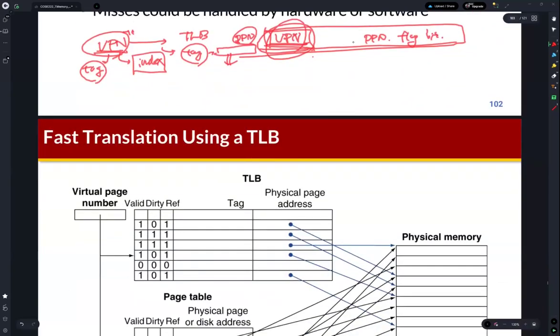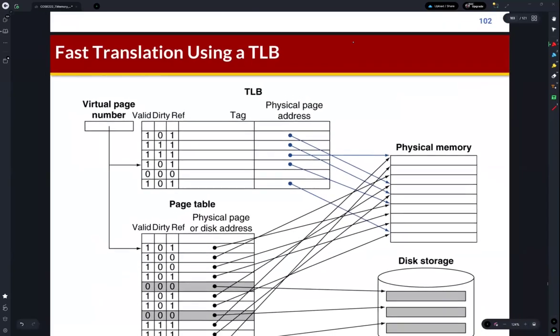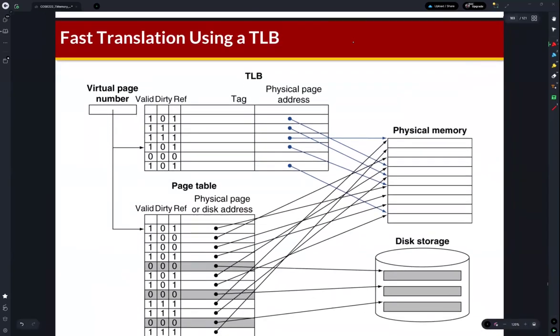Okay? So let's see how the TLB works using the page table. As I mentioned, we can access the TLB entries using the virtual page number, the VPN, right? Part of the virtual page number is used as the index of the set of the TLB, and we use the remaining field as the tag.